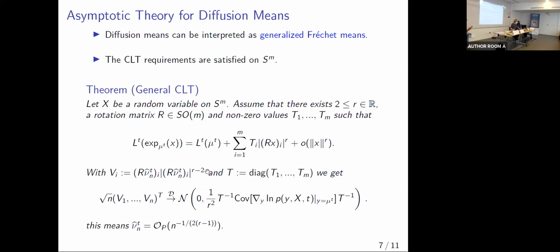So if we have a Taylor expansion or a power law expansion of the likelihood near the population mean with order R, where R might be larger than 2, then we get a normal square root of n rate for the sample mean times its absolute value to the power of R minus 2.